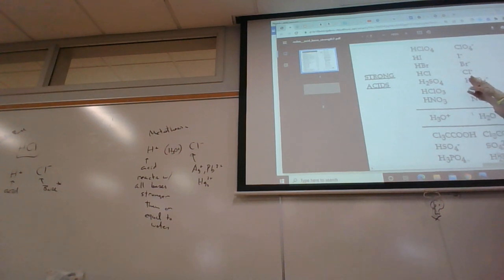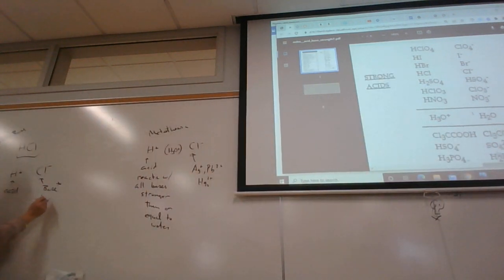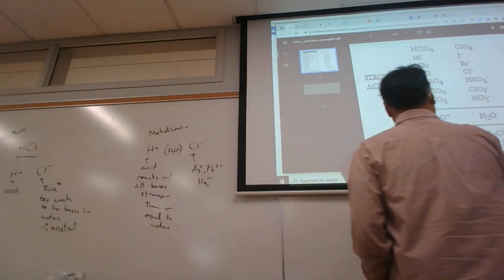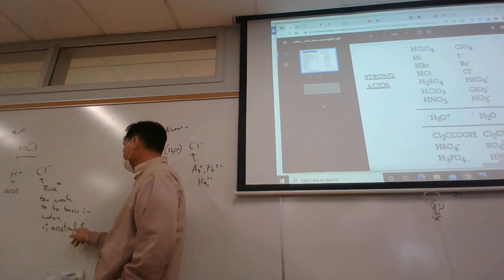And so here, chloride is so weak that it's too weak to be basic in water. Therefore, it's neutral. But this chart here is what we call the Bronsted acid-base chart. And so when we say it's neutral, it's only neutral for Bronsted.